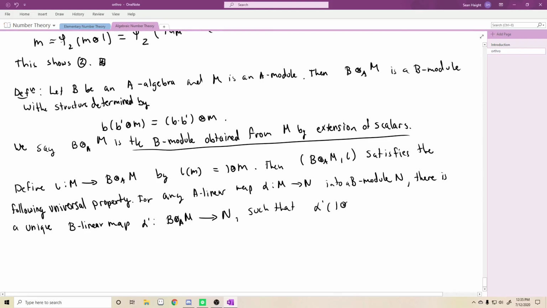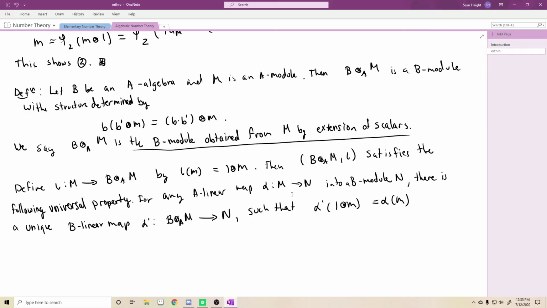This map alpha prime satisfies the condition that alpha prime of this embedding is alpha of m. Okay, so what is this universal property saying? It's saying that any map from M into a B module factors through the extension of scalars.